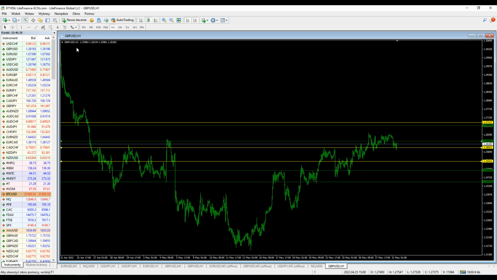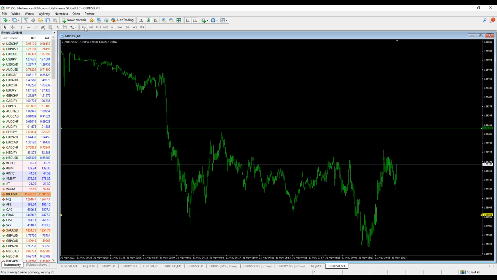So now going even lower, what I'm going to look for is the price action around the particular horizontal line, right? And I'm going to look for two things.